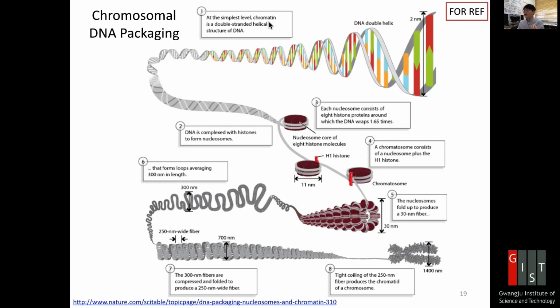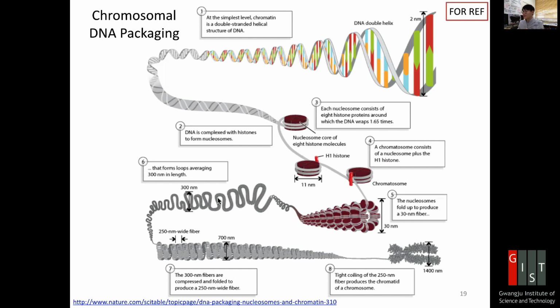At the simplest level, this chromatin is a double-stranded helical structure of DNA. And this is wrapping around histone proteins, which are composed of 8 histone molecules with about 1.6 times rotation on average. And with this, it forms a chromatosome and nucleosome structure of about 30 nanometer.